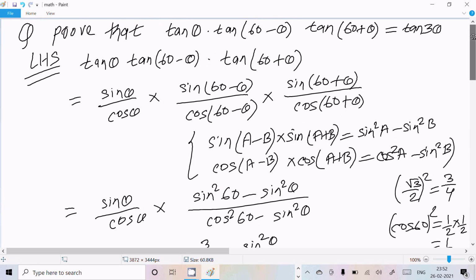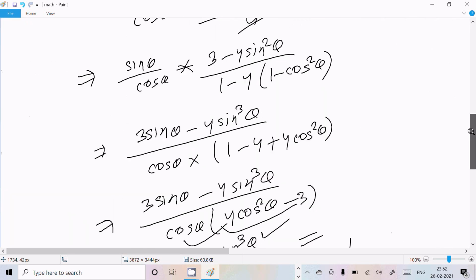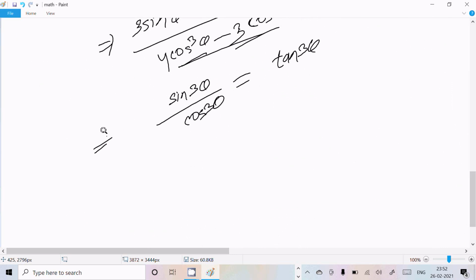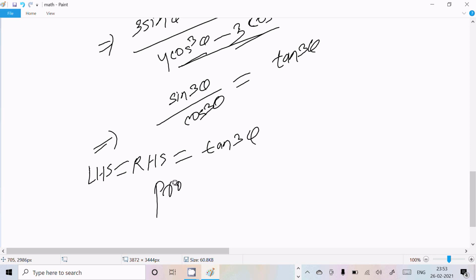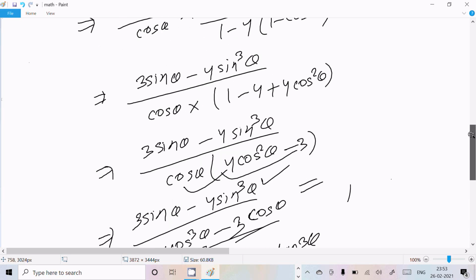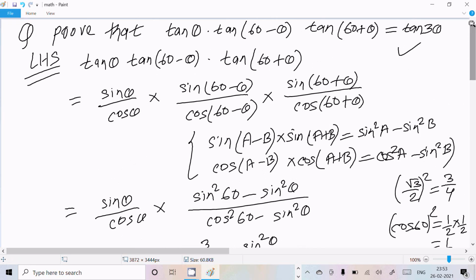So we need to get this. Finally I got it. Now here we can write LHS equal to RHS equal to tan 3 theta. This is proved. So this is the way we can solve this kind of question. I hope guys this video is helpful for you.